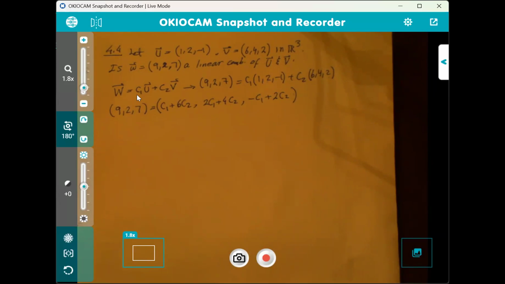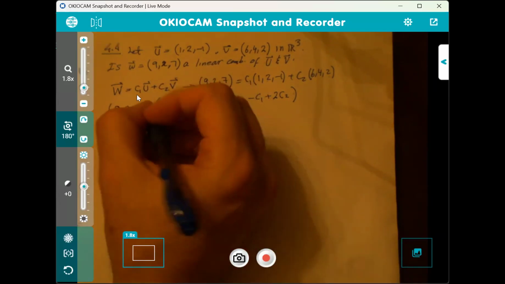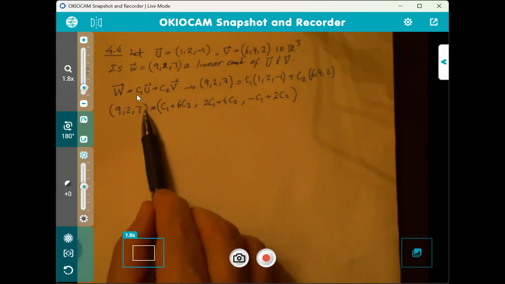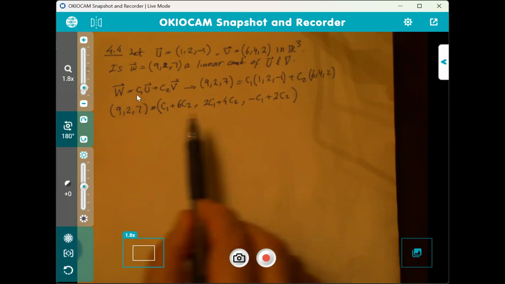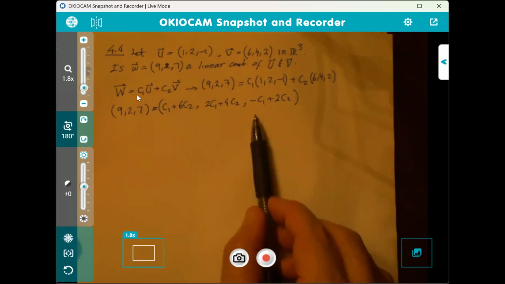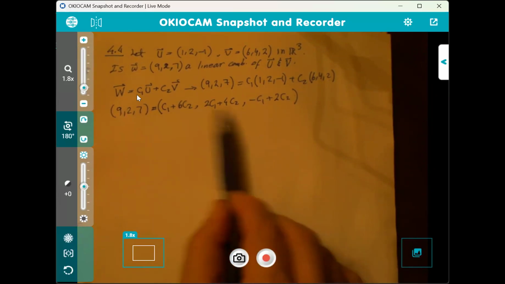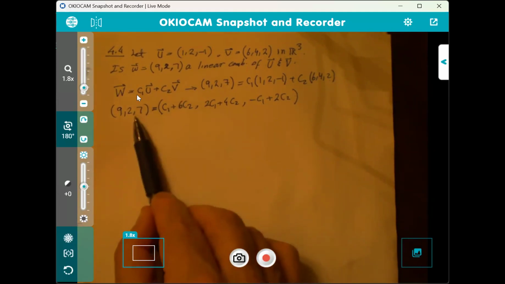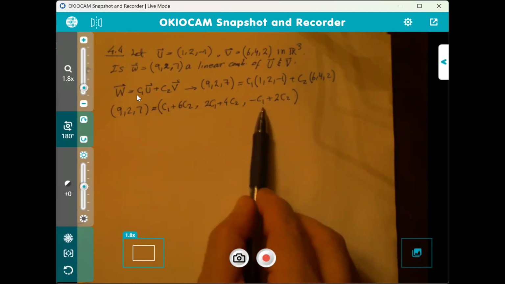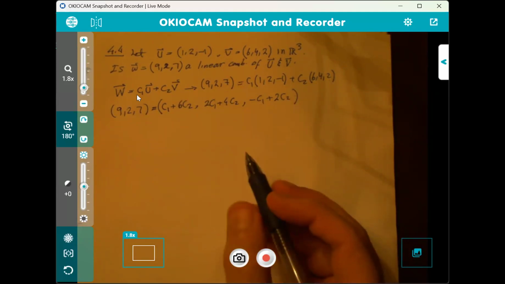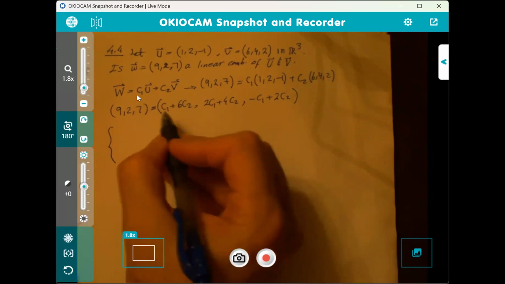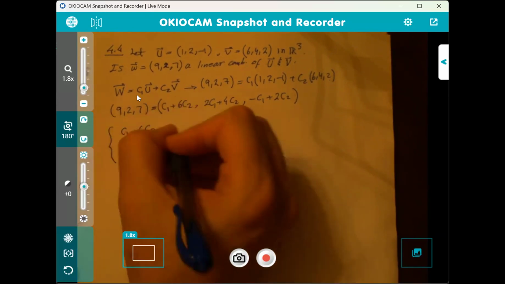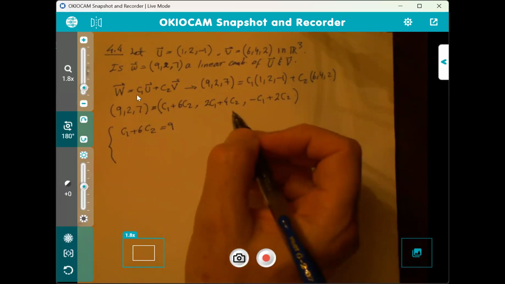Now, from this, we can actually set up a system of equations, because this is a vector on the left and a vector on the right. Two vectors are equal if and only if each component of the vector on the left is equal to the component of the vector on the right side. So that means c1 plus 6c2 should equal 9, because that's the first component on the left side.